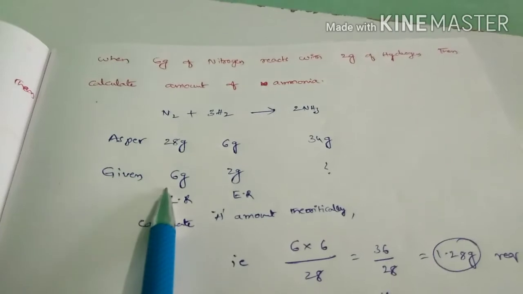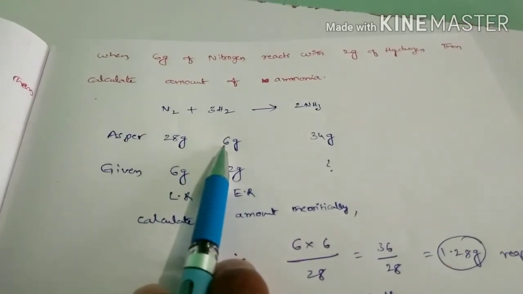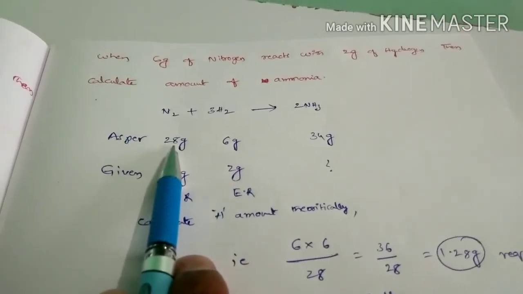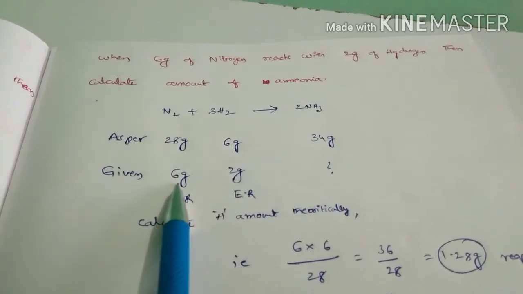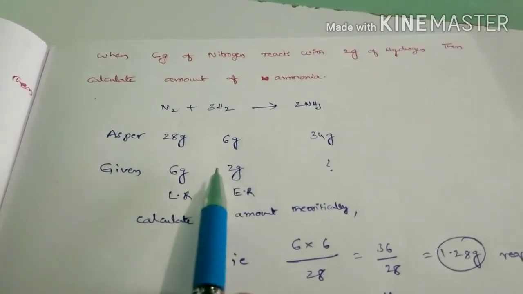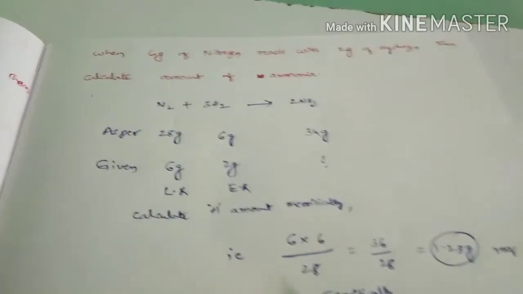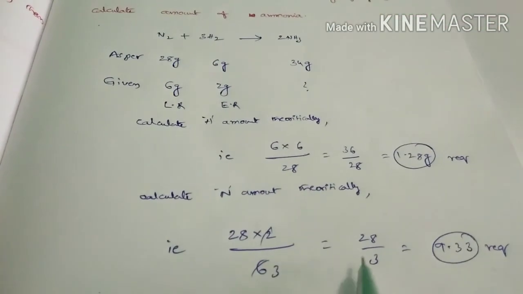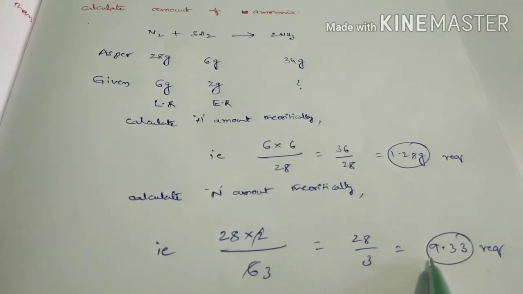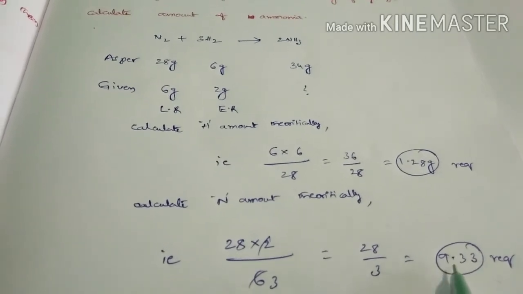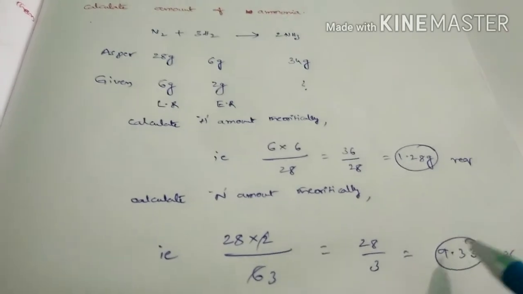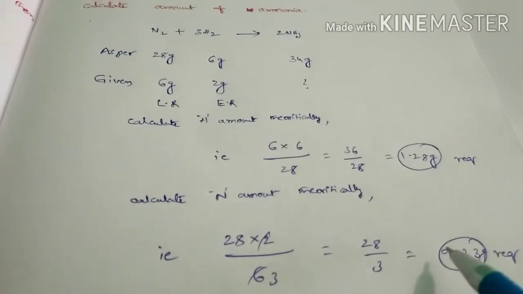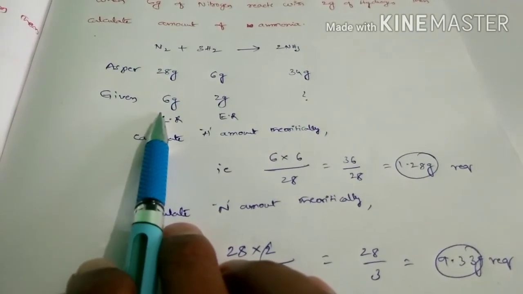Or we can find the nitrogen amount also. For 6 grams of hydrogen, 28 grams of nitrogen is required. Then for 2 grams of hydrogen, how much nitrogen? Calculate the nitrogen amount theoretically: 28 into 2 by 6, so 28 by 3 finally. The required amount is 9.33 grams, while actually here we have 6 grams.